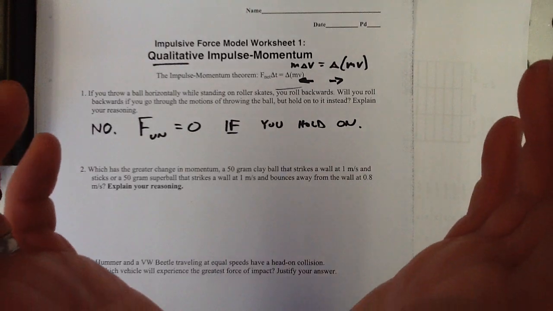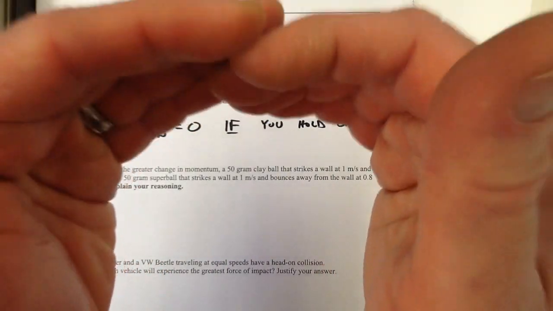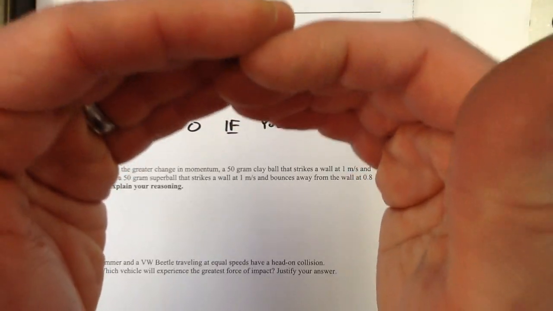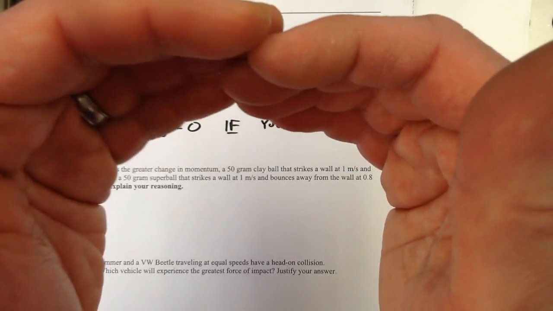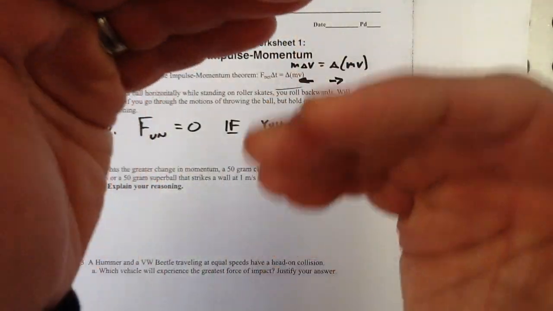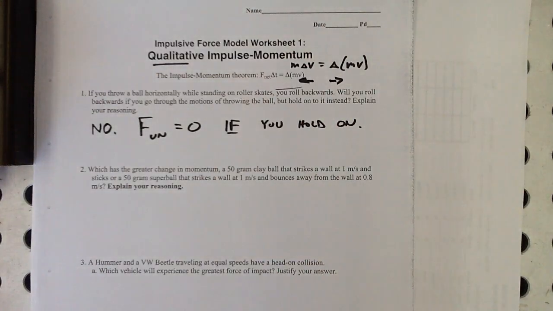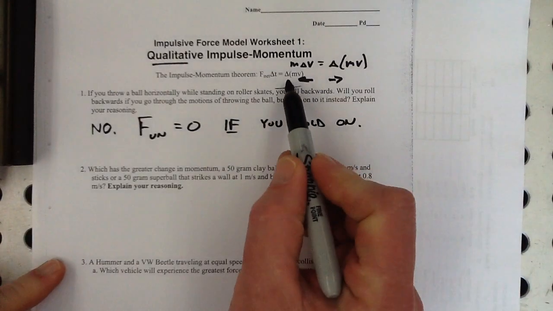Now, if I'm doing that, but then I stop the ball also, well, then the stopping force of my hands on the ball is going to pull forward on me. So it pushed back, but then it pulled forward. As I change my force on the ball to stop it, the ball changes its force on me. Because in the end, you didn't change the motion of the ball, you didn't change its velocity.